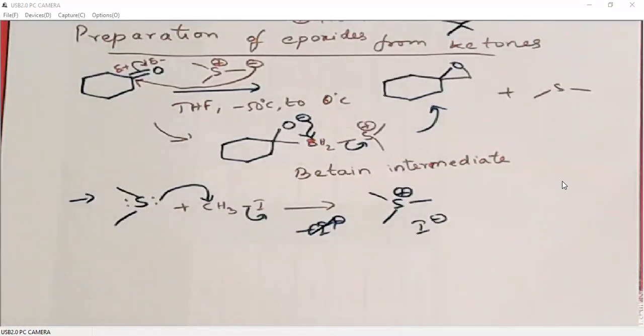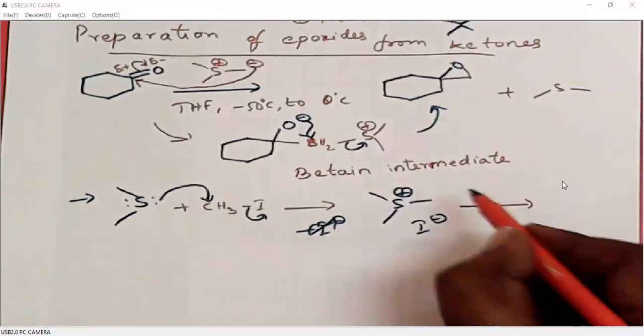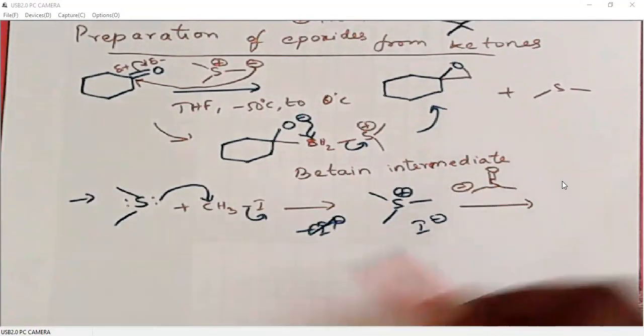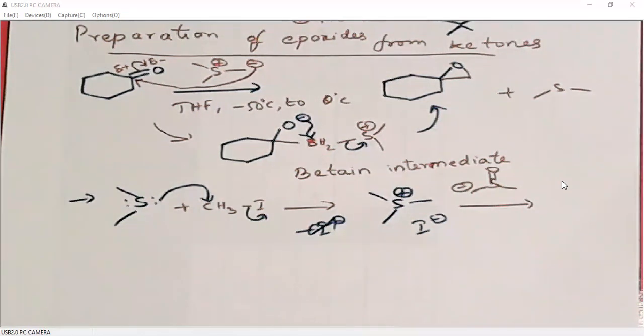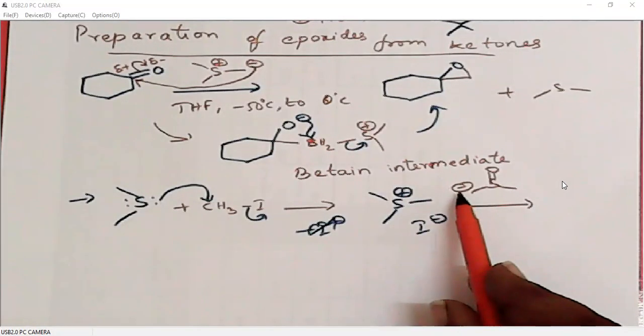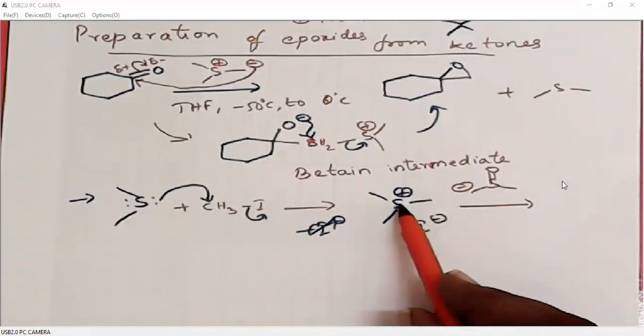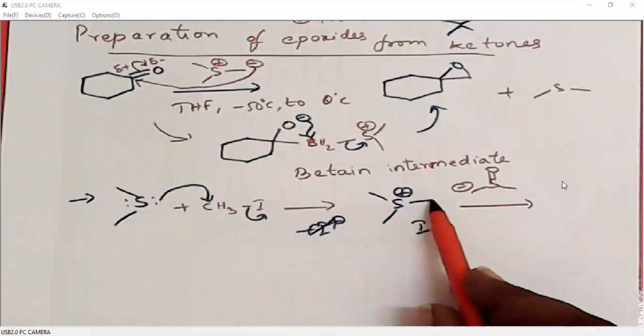When trimethyl sulfonium iodide is treated with DMSO anion, the anion will pick up a proton from one of the methyl groups. Sulfur is positively charged, so it is an electron withdrawing group now. It can stabilize a negative charge on the alpha carbon.